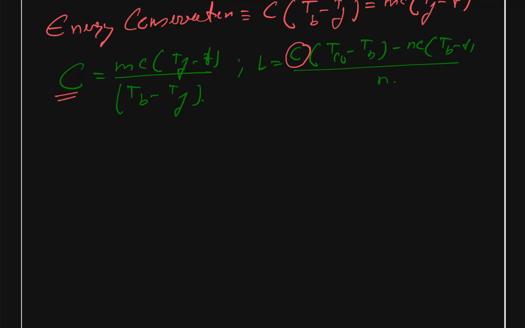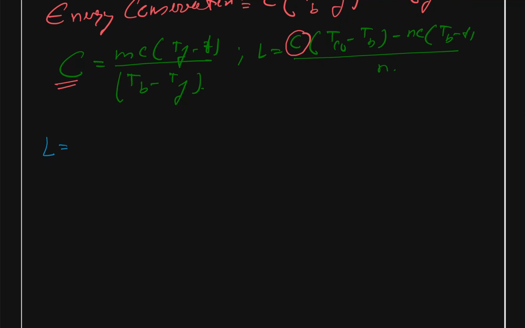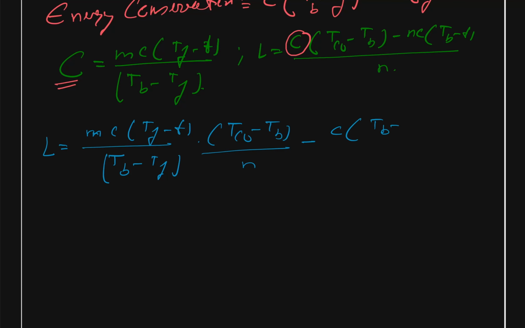So let me further write that our L will be equal to mc (TF minus T) divided by (TB minus TF), multiplied by (TC0 minus TB) and divided by n, and this will be equal to minus small c (TB minus T).